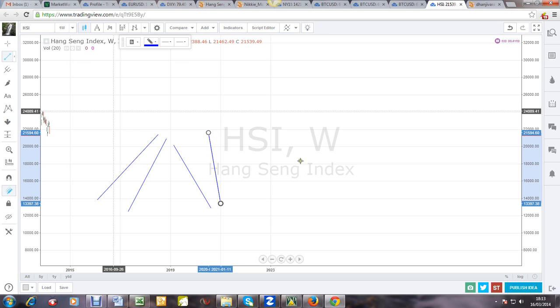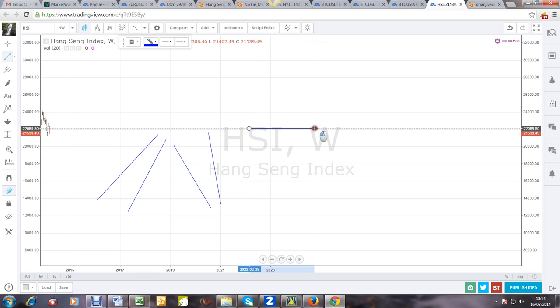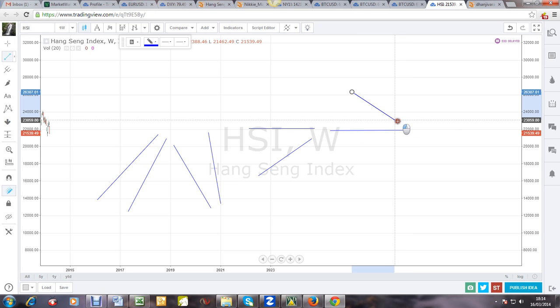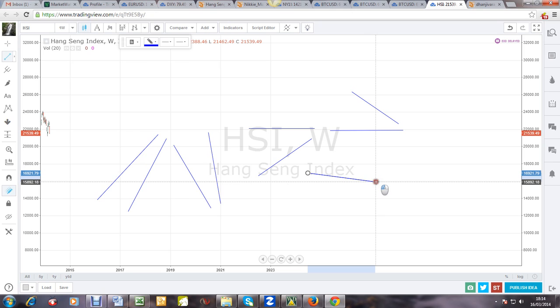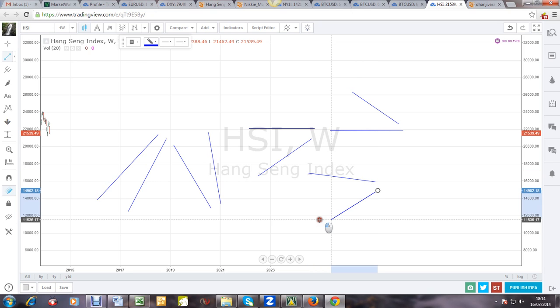Now the next triangle you might see is where you have, for example, a horizontal line, and you'll see a triangle like that, and in the opposite direction you'll see a triangle which looks like that. So that's another group of triangle. Then you will see what we call a symmetrical triangle.